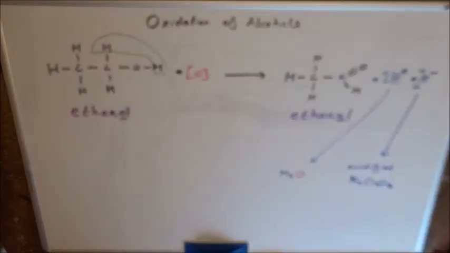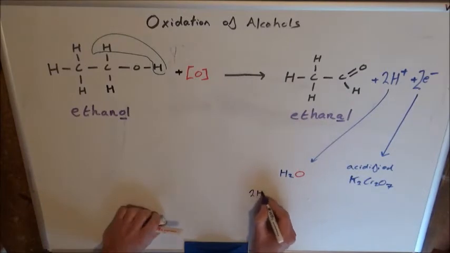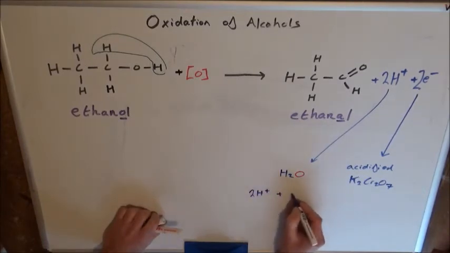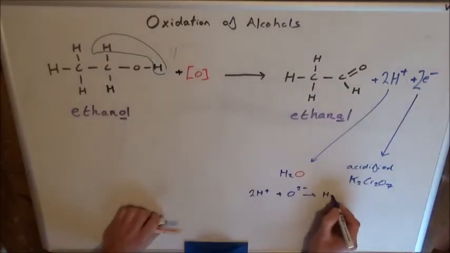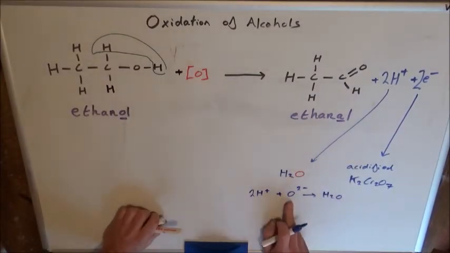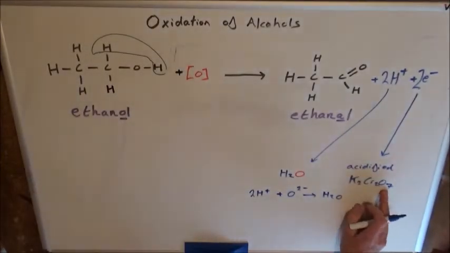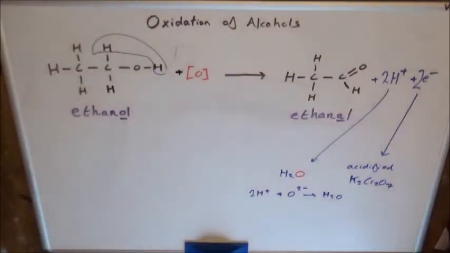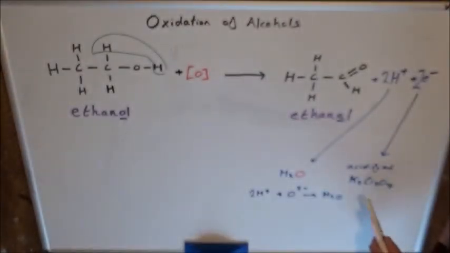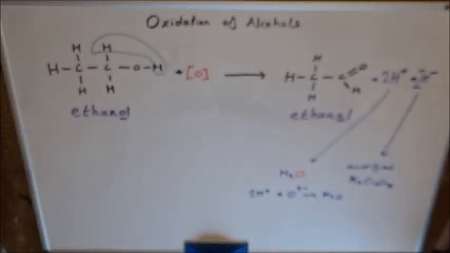So to do that, it would be 2H plus an oxide ion gives H2O. So you can think of that oxide ion as coming out of the dichromate 6, but we just write the oxygen there. The actual mechanism of this is very complicated indeed. It involves the formation of an ester between the dichromate and the ethanol. You certainly don't need to worry about that.